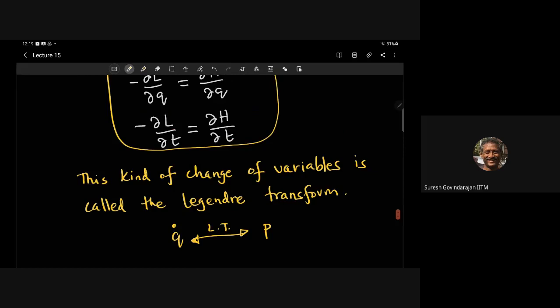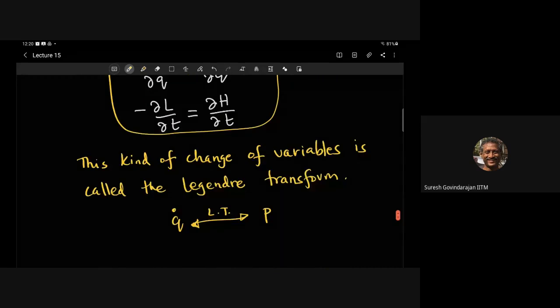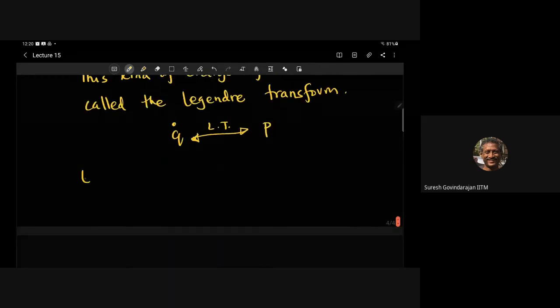Okay, so this is what we get, and so far we have not used this, so we'll come back to it. I just want to spend some time on the Legendre transform. Now I'm just trying to think what I should do. No, let me do this first. So let's look at the Euler-Lagrange equation.